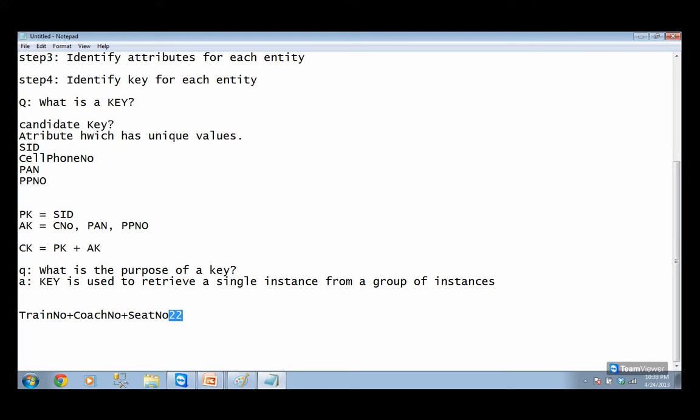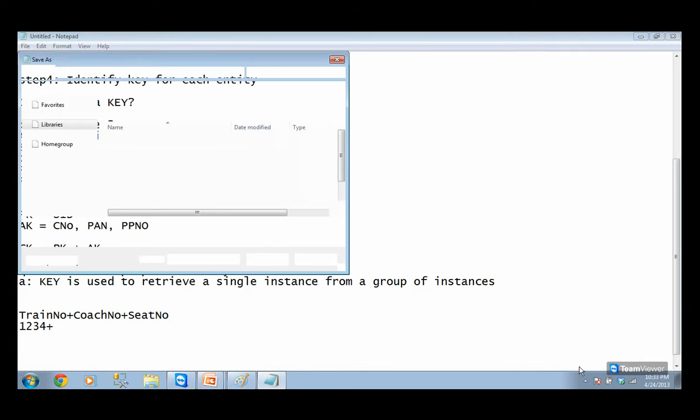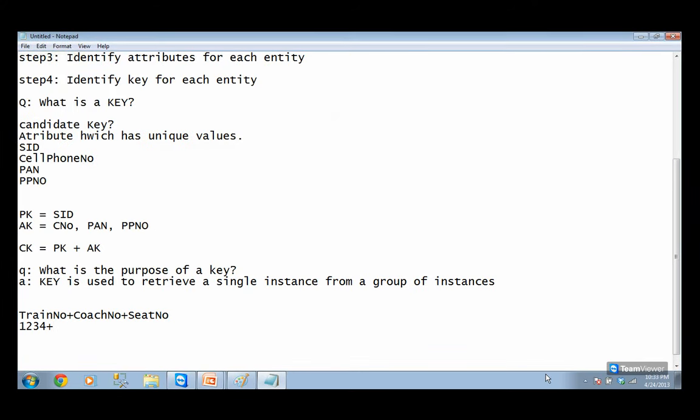Sometimes one value cannot identify a single person. Train number say 1234, plus coach number say S3, plus the seat number is 22. That means sometimes one attribute cannot give you a single person. So seat number alone cannot identify, or coach number alone cannot identify, a single passenger.